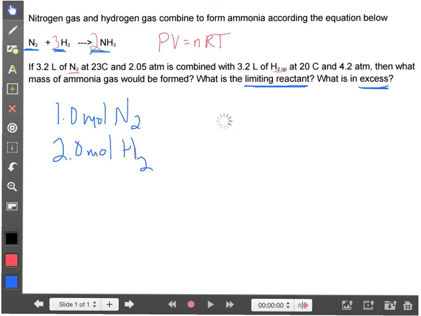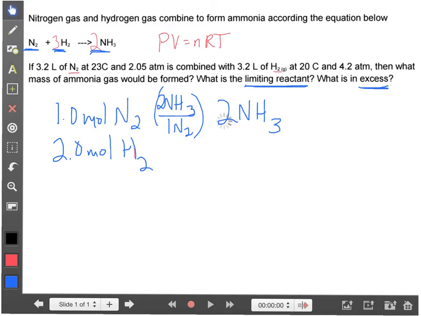The ratio between the N2 and the NH3 is there are 2 NH3s for every 1 N2. So if I have 1 N2, I can produce 2 NH3s. And when I say 1 and 2, we could be talking about moles, because we're really not talking about single molecules of N2 and single molecules of NH3.